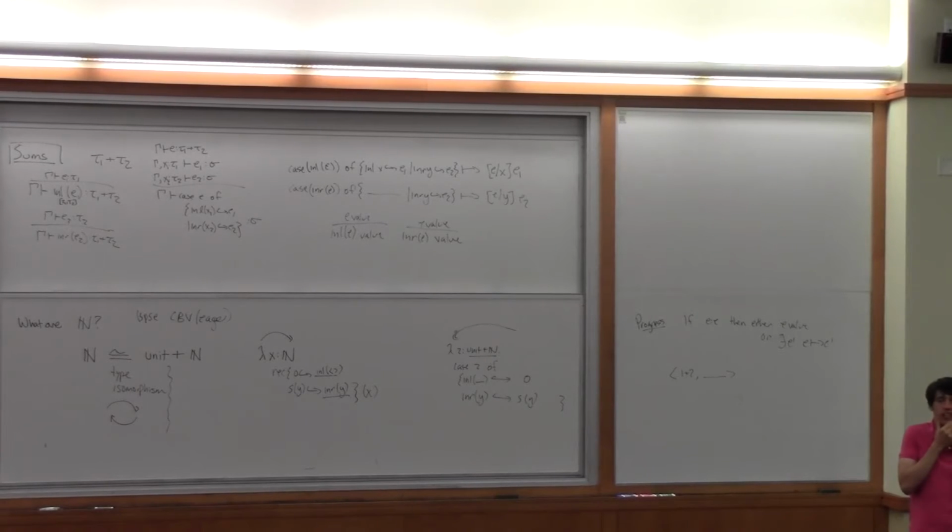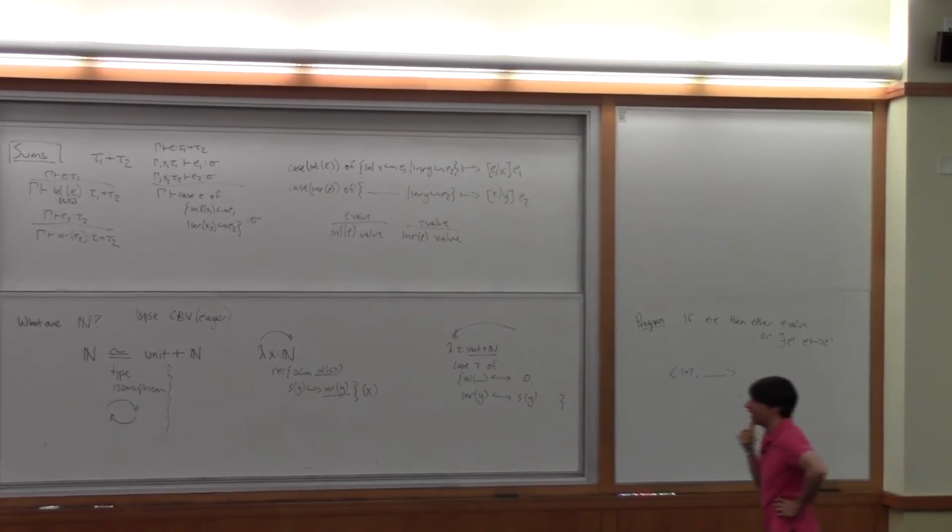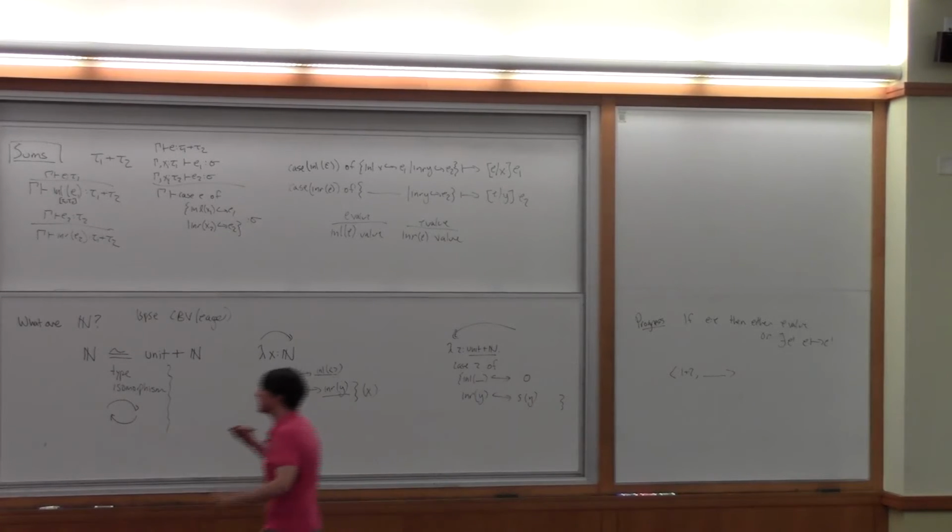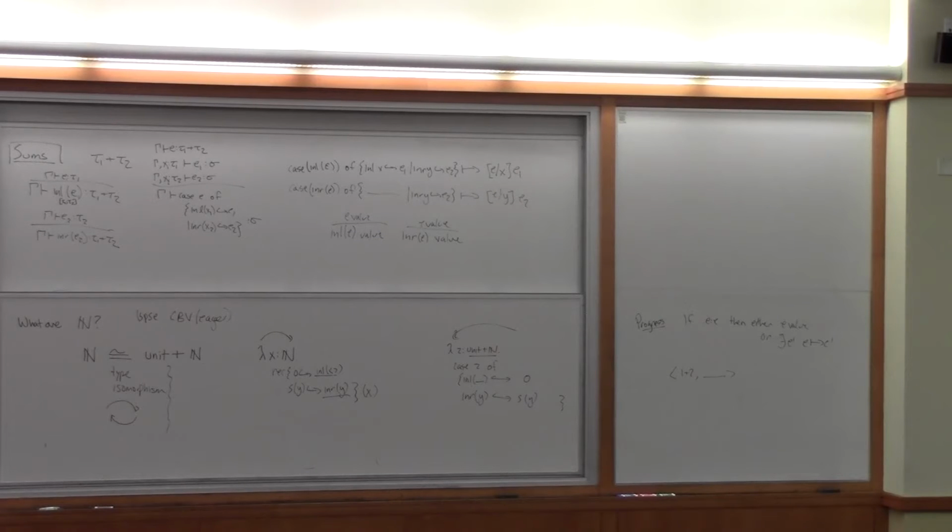Why is that getting back to where we started? Yeah, right. So one of the things that a good equational theory would let you prove about unit is that anything is observationally equal to the empty tuple at unit. Right, in particular, at the type unit. Why is that true?